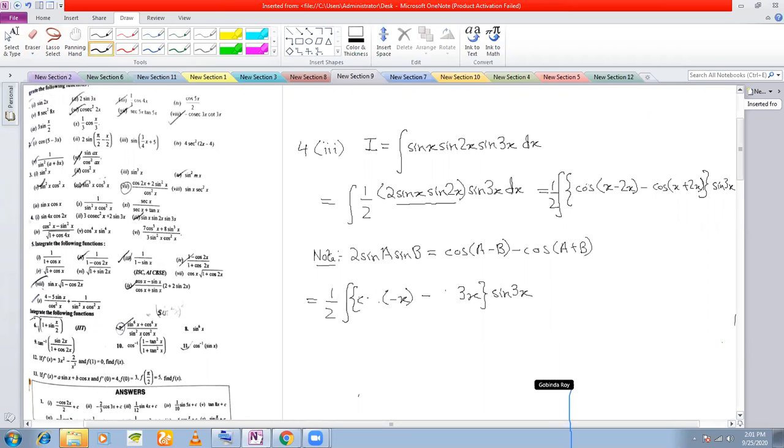So this is cos of minus x, and this will be cos of 3x. So this will be half the integration of cos x minus cos 3x, because cos of minus theta is cos theta, into sine 3x.